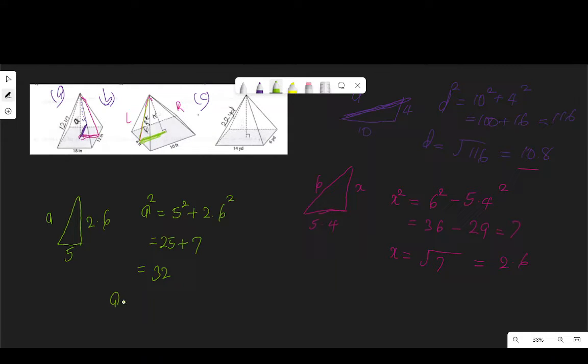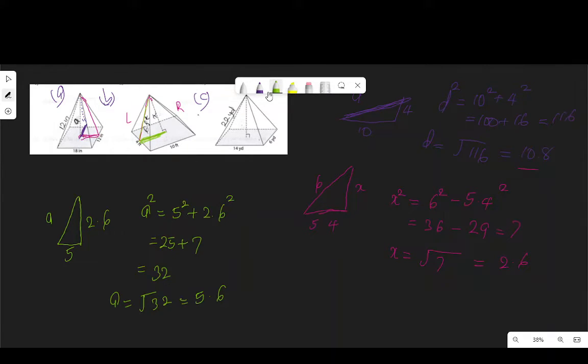So A will be the square root of 32. The square root of 32 is 5.6 approximately. So the height of the left and right triangle is 5.6.